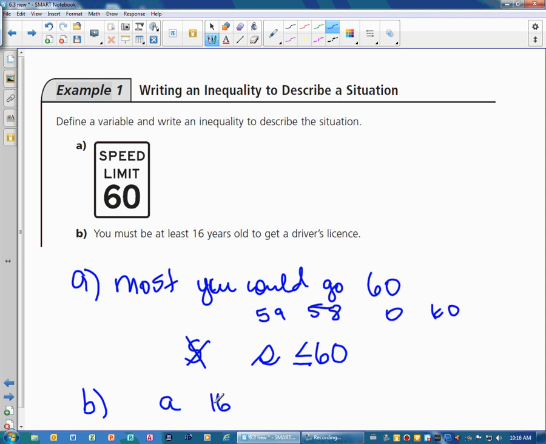So 16 is the youngest you can be. Your age can be 16 or more. So Pac-Man's going to want to go this way. This is always going to be the bigger or equal to, okay? Because you can be 17, you can be 18, etc. And so those numbers are bigger than 16. So an inequality is A is greater than or equal to 16.